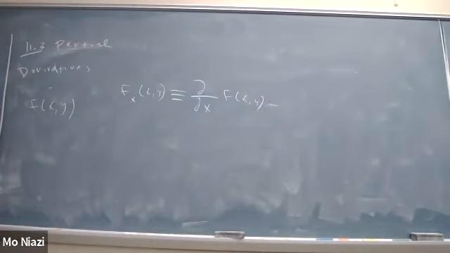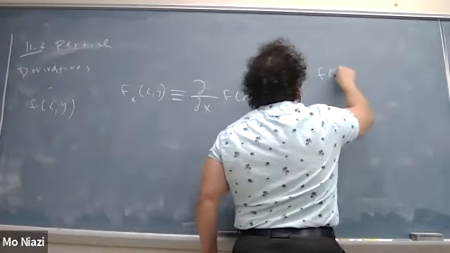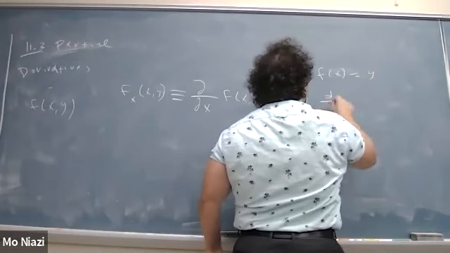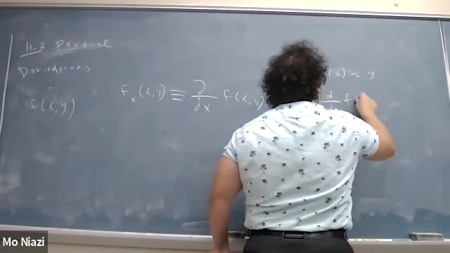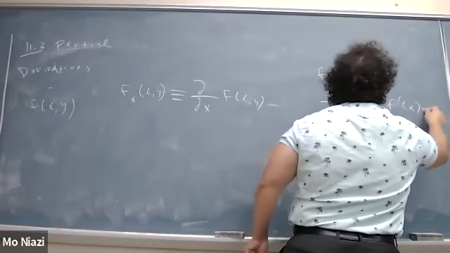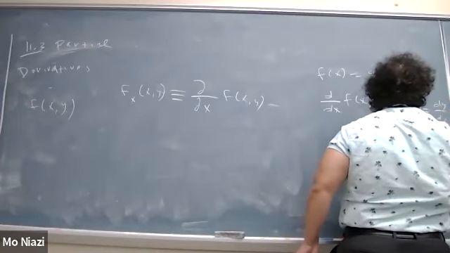What is that partial x you're talking about? Okay, so remember we had a function f of x, let's say it equals some y. Then I took d dx of f of x, which is equal to f prime of x, which is dy dx, which is equal to y prime.